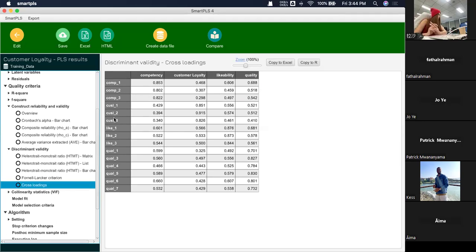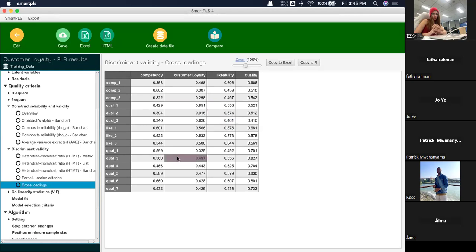If I pick the customer loyalty indicators, 1, 2, 3, the first thing I do is look at their loadings on the construct they are designed to measure, customer loyalty, here. You can see the highest loadings are here, here, here. And it is low here, here, here, here, here, here.